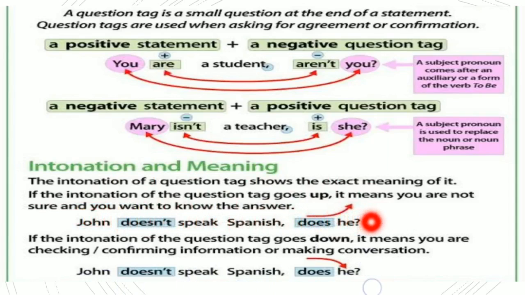Now, if the intonation of the question tag goes down, it means you are checking and confirming information or making conversation. Intonation is how you speak it out. For example, John doesn't speak Spanish. If I speak in this manner, my intonation is going down.